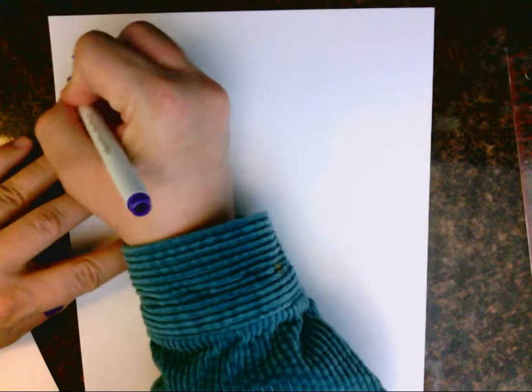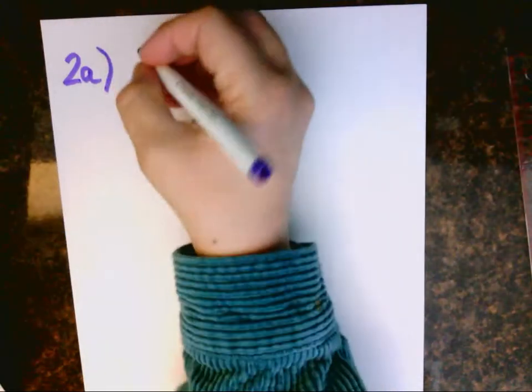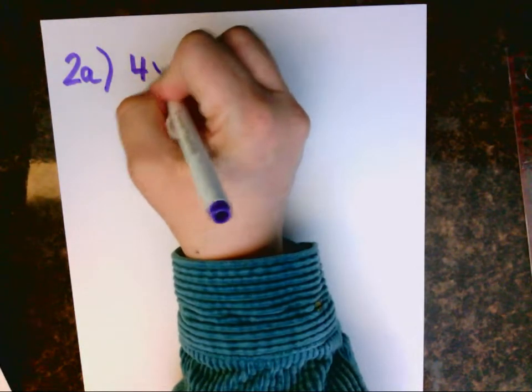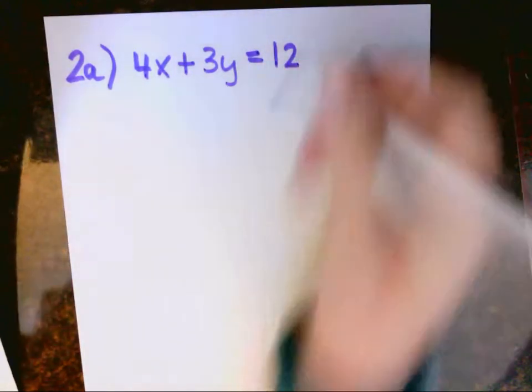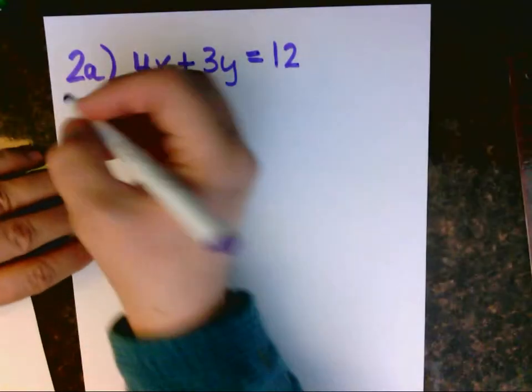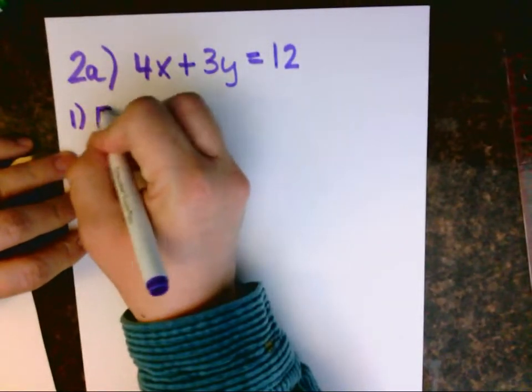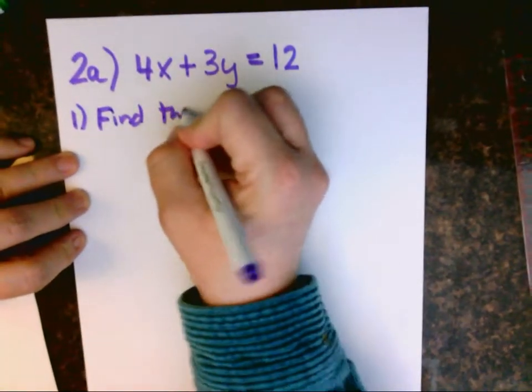We are now ready for number 2A. Find the intercepts and graph. Then write each equation using function notation. So we have two things that we're asked to do here. We have 4x plus 3y equals 12. First of all, we're going to find the y-intercept.